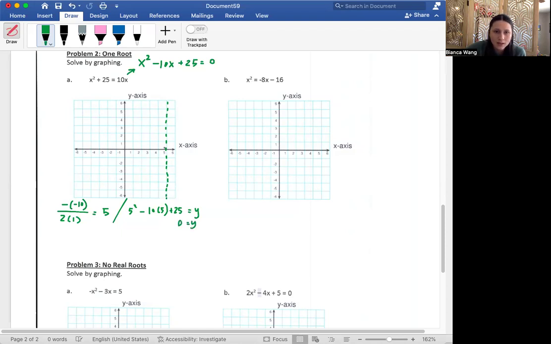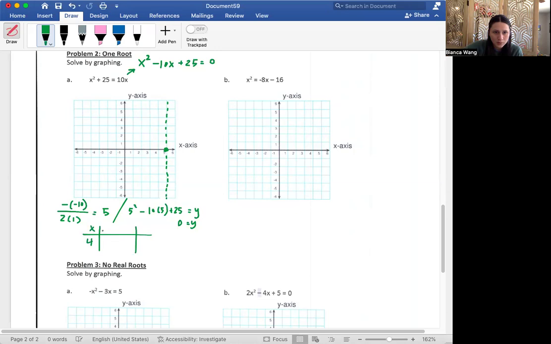So my vertex is at 0, which lines up with this type of problem. It should have only one root anyway. And then again, we need to find 2 more points. So I might just go directly above a little bit. Like I might see where 4 ends up being.